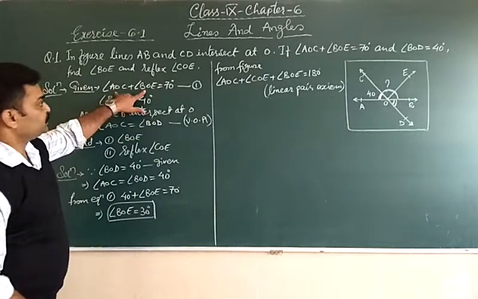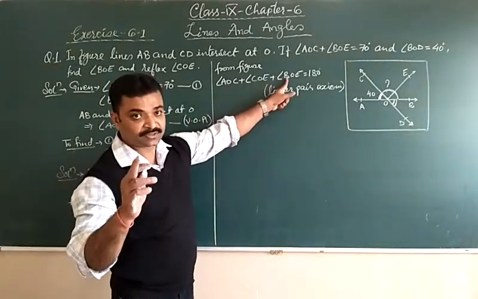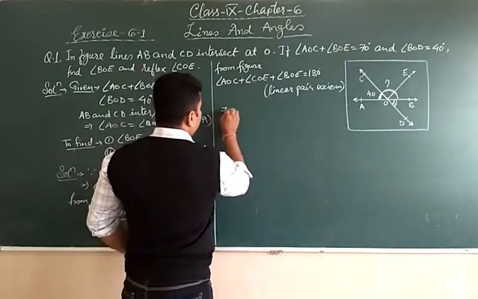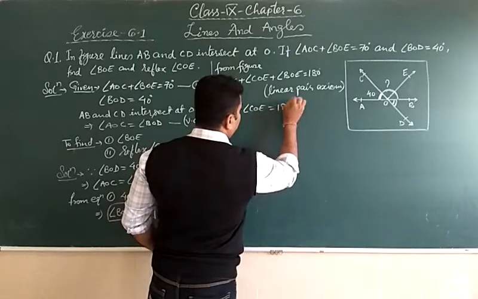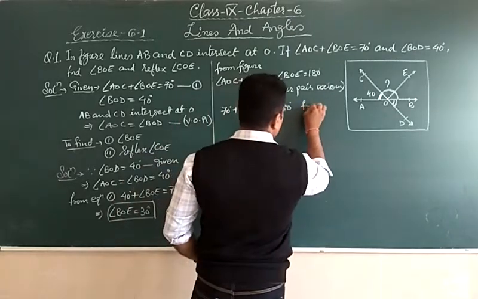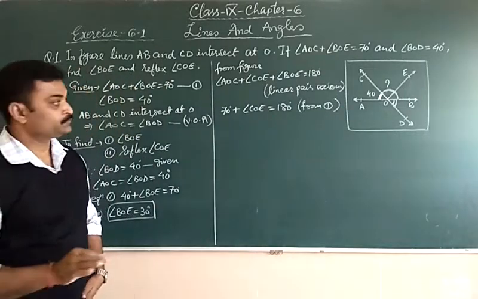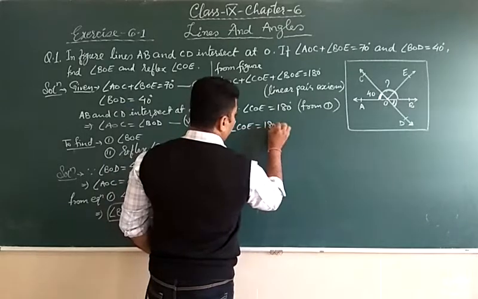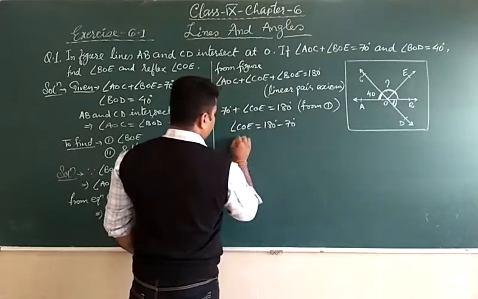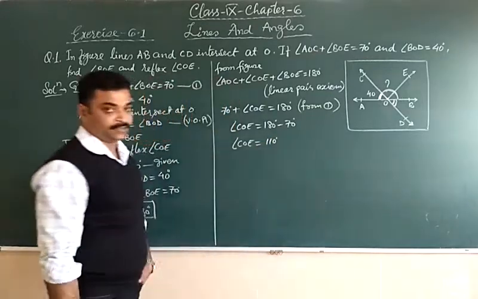Now AOC plus BOE have the sum 70 degrees. So 70 degrees plus angle COE is equal to 180 degrees, from 1. Now angle COE is equal to 180 minus 70, so angle COE is equal to 110 degrees.